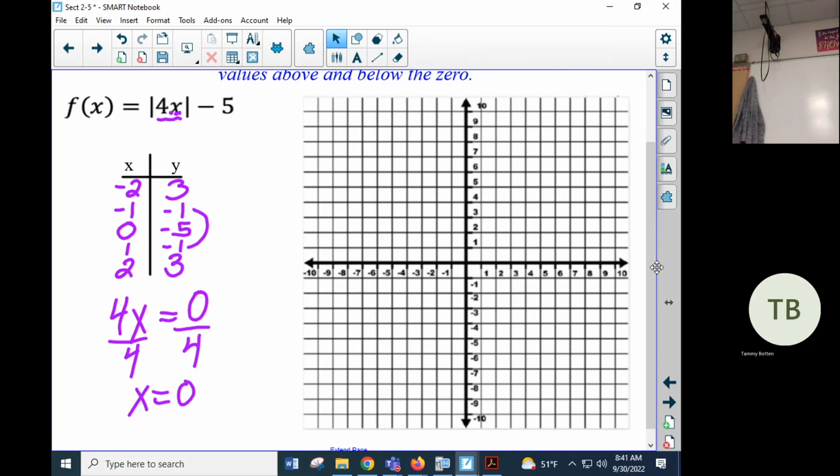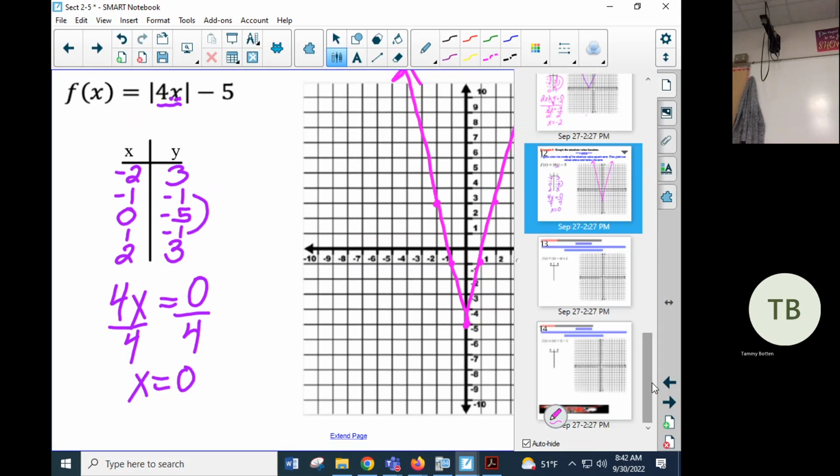So now I'm going to go ahead and plot those points. -2 up 3, -1 down 1, 0 down 5, 1 down 1, 2 up 3. So you're going to draw with a ruler so you have a straight line. Okay. So it should look like a V, not like a parabola.